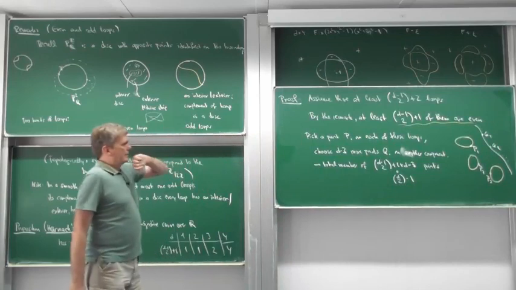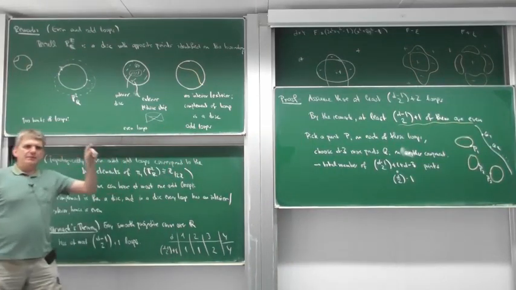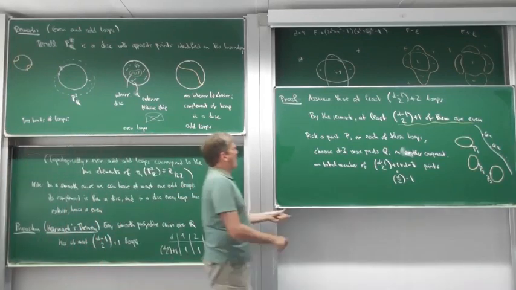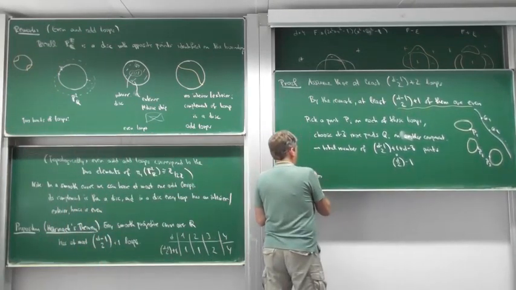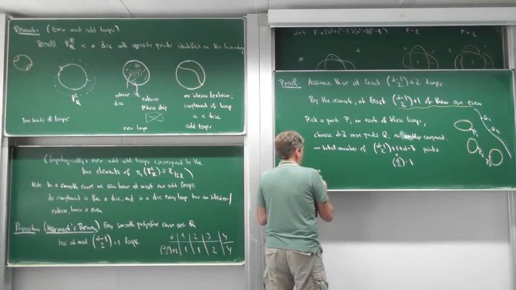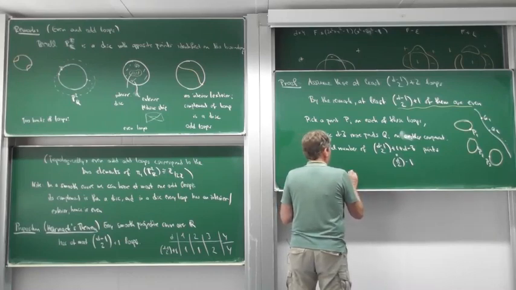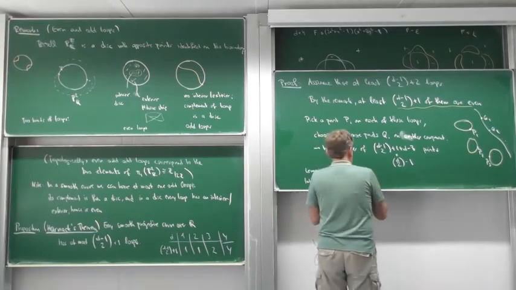And then we had a lemma last time saying that there is a curve of degree d minus 2 through all these points. So by the lemma from last time, we see that there is a curve g maybe through all these points.